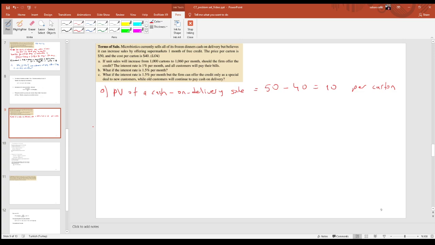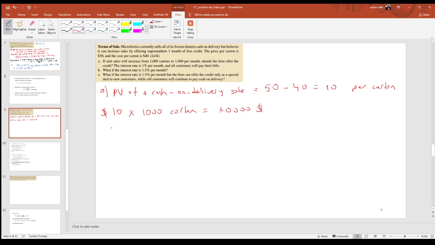So under the present cash on delivery policy, unit sales equal 1000 cartons per month. So $10 per carton is the present value, times 1000 cartons, will equal $10,000.